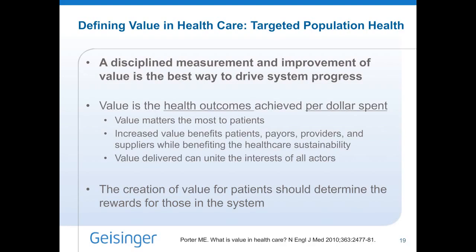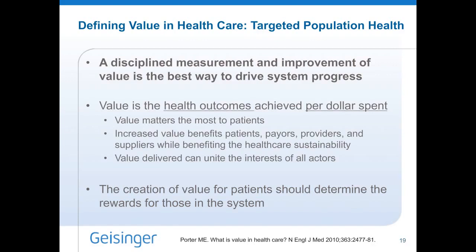Value is defined as the health outcomes achieved per dollar spent. So those outcomes can be many different things, and I'll be giving you examples shortly. But in our place, we look at value as what matters most to our patients, our payers, our providers, our employees, our suppliers, and value is delivered that basically tries to unite all of those special interests into one composite, reproducible, and sustainable process.